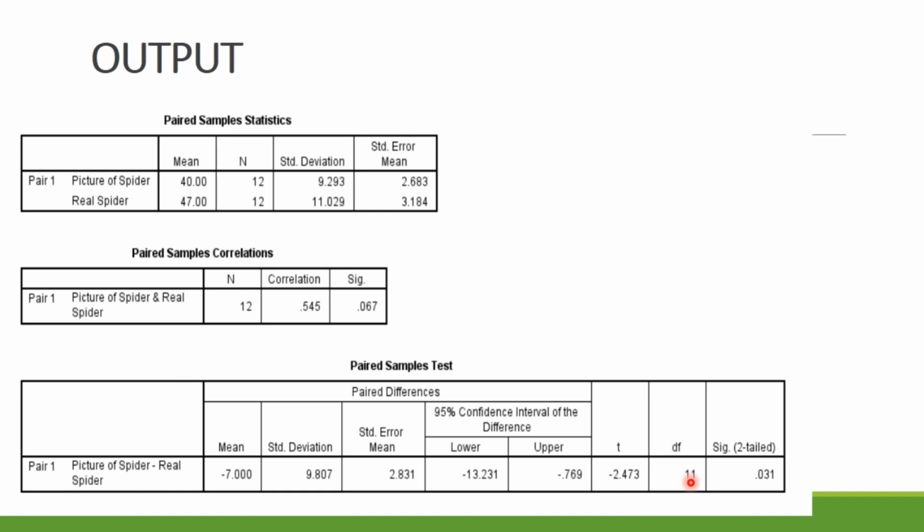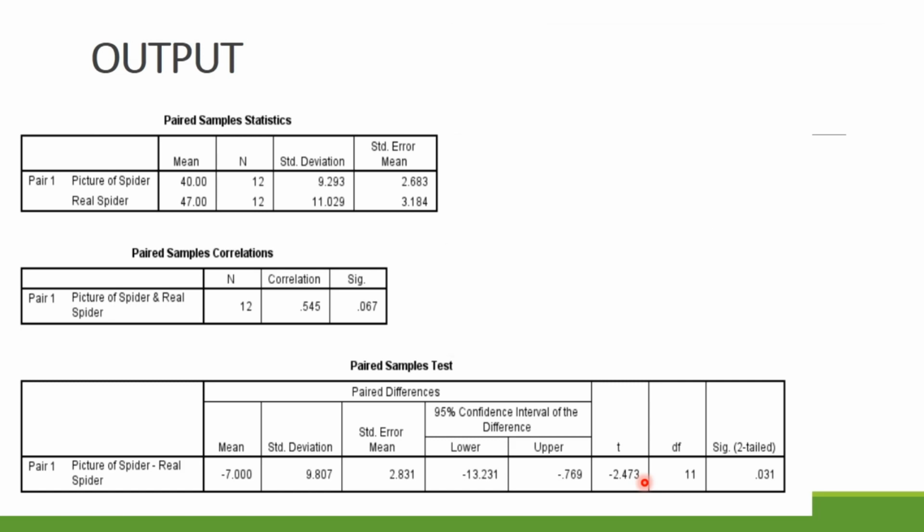And on the last column, we can see the probability value, or the p-value, which is 0.031. That's labeled sig two-tailed. What does it mean? That's the probability or the likelihood that a t-value that big can occur if the null hypothesis were true, or if the experimental manipulation was unsuccessful.